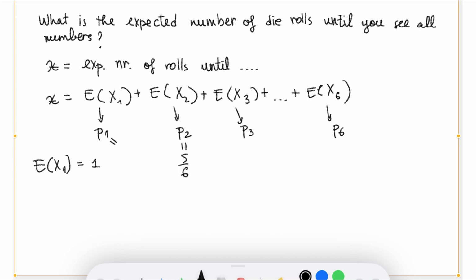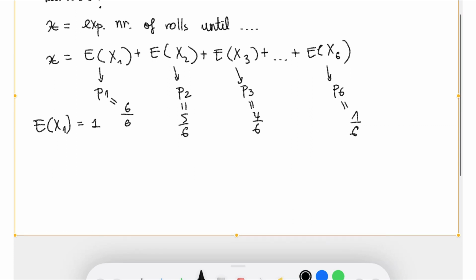And this one is 6/6. And the next one will be 4/6. And the last one will be 1/6, because the last one will be observing the last number which hasn't been seen, and 5 numbers were already seen.